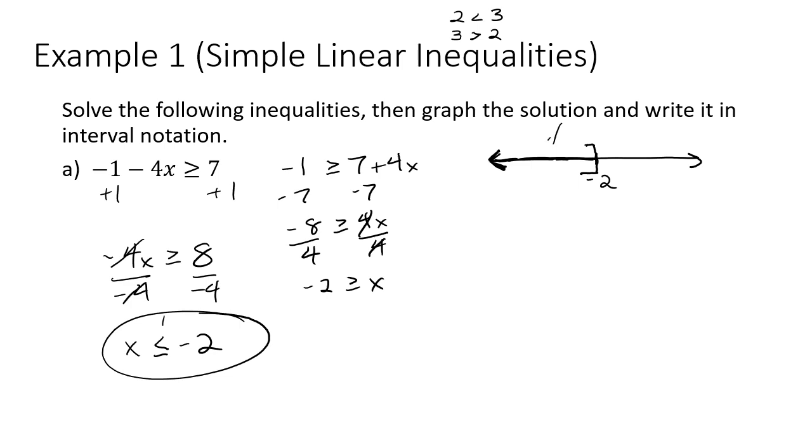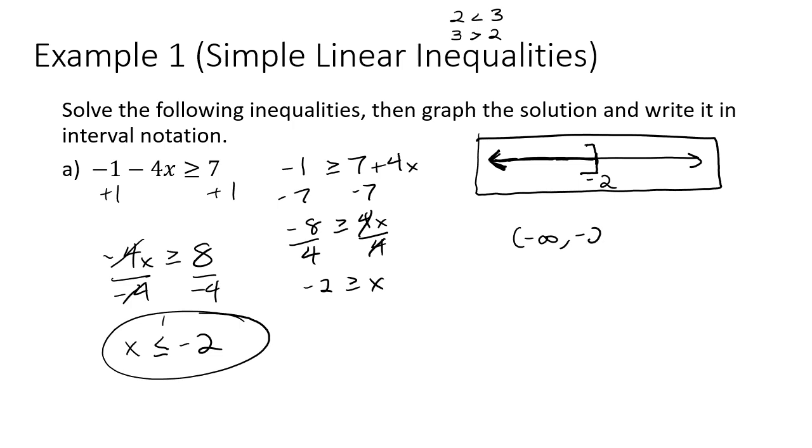And it always opens in the direction of the solution. So this would be the graph of the solution. And in interval notation, this would be the interval from negative infinity up to negative 2 with a square bracket.